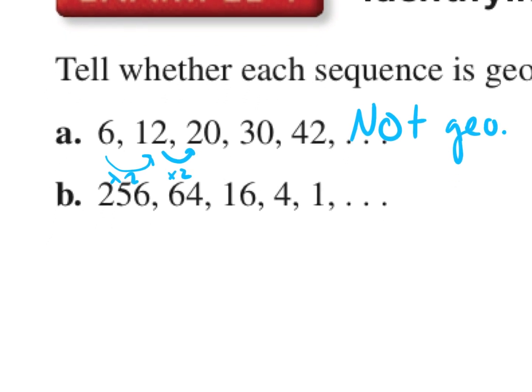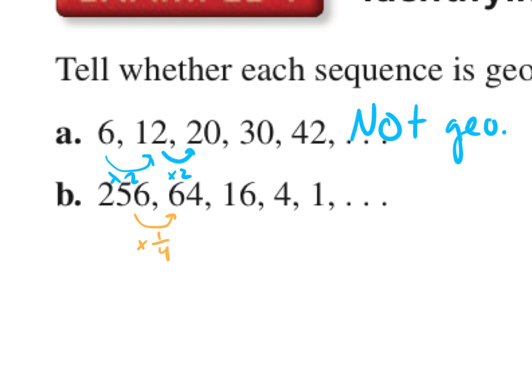All right, for B, what am I multiplying to get from one term to the next, from 256 to 64? I'm dividing by what? Not 1/2. I'm multiplying by 1/4. We're dividing by 4 or multiplying by 1/4. So for geometric, you're always multiplying.